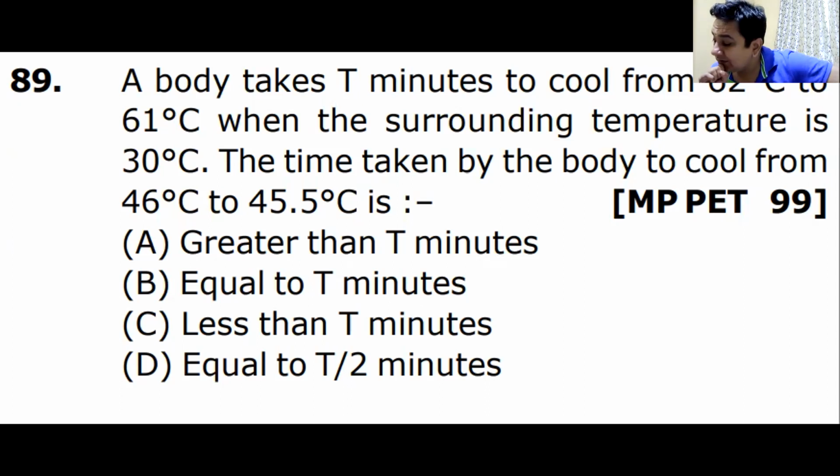A body takes 3 minutes to cool from 62 to 61. Now, this is not a question from PMT, it's a question from P. Let's see if you can apply some common sense. This is the most difficult question that I think can come.